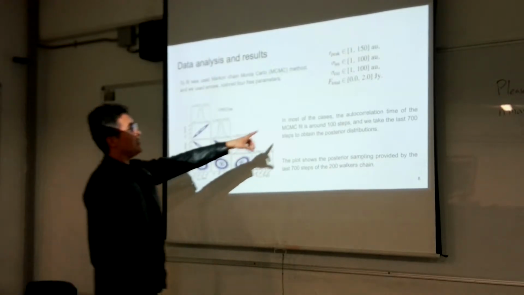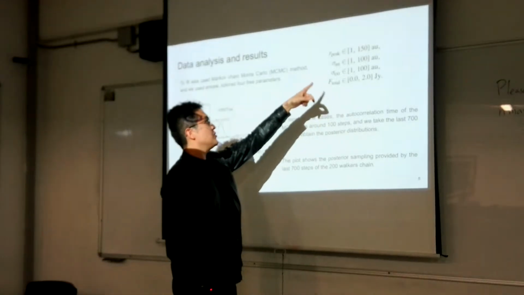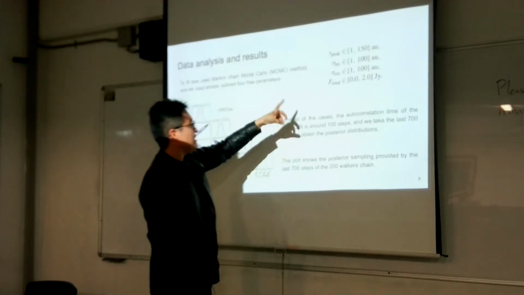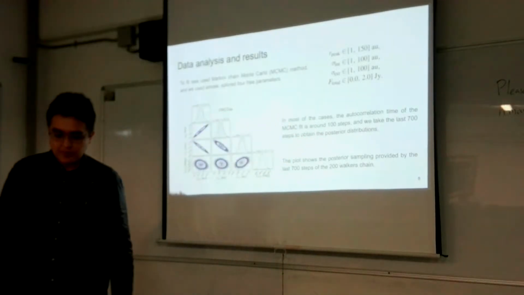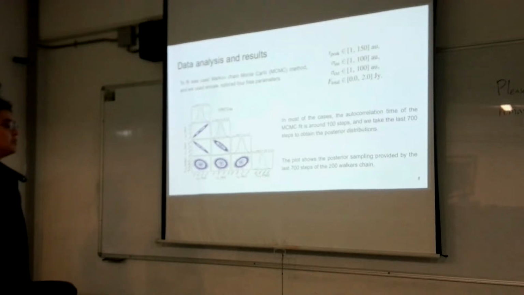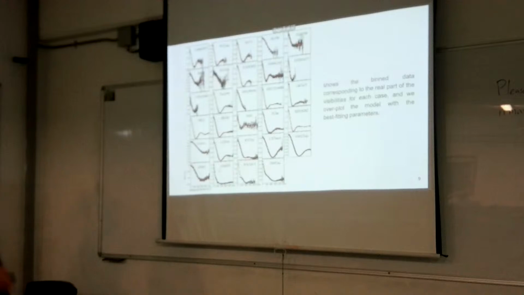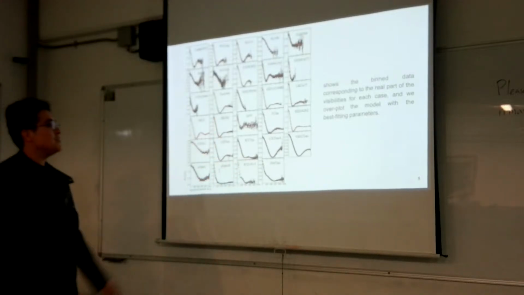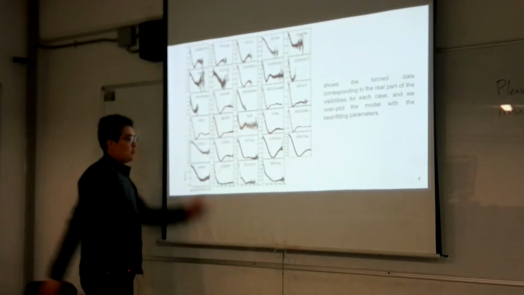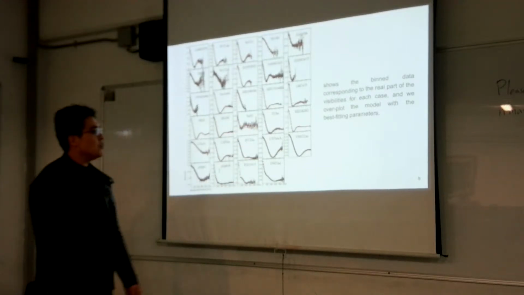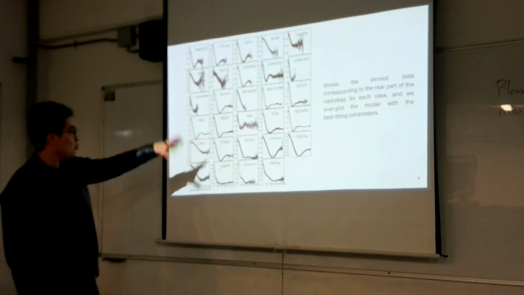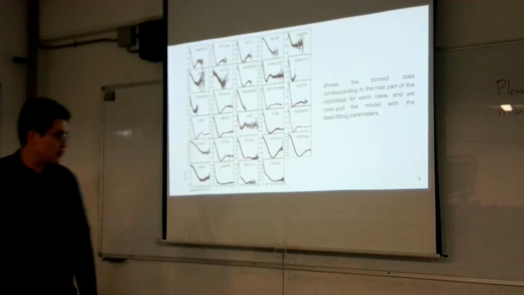They left free these parameters: the radius, the width of the cavities, and the total flux. After that, with the optimal parameters, they show binned data corresponding to the real part of the visibilities, in black with these uncertainties, and also overplot the model that they got in red for the 29 transitional disks.